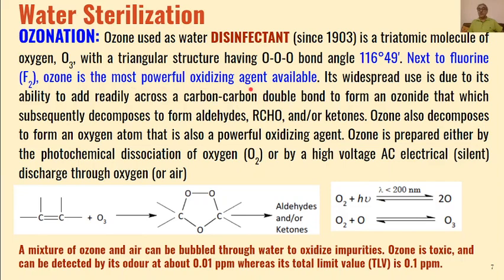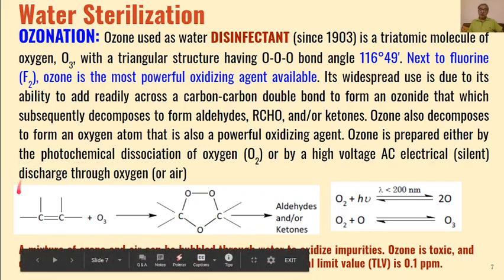Ozone is a very powerful oxidizing agent, and we know that ozone can react with unsaturated impurities and form an ozonide, which breaks into aldehydes and ketones, which can be removed.